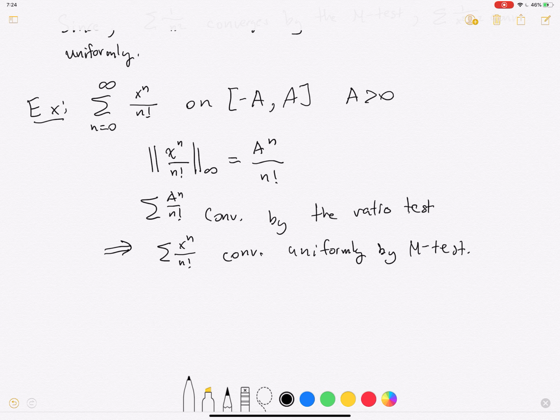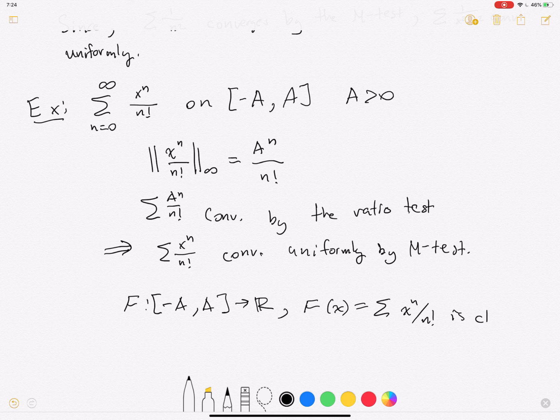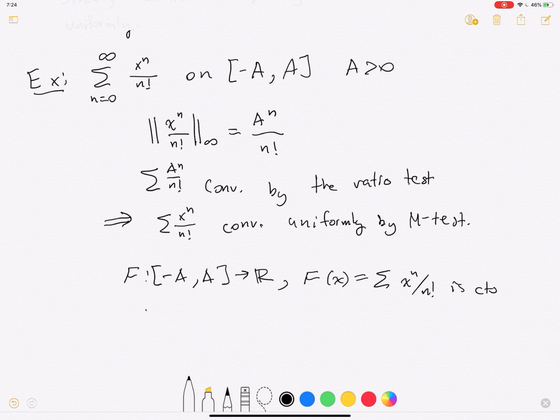And in particular, if f from negative a to a goes to R, then f(x) equals the sum of x^n over n factorial is continuous, since we had uniform convergence.